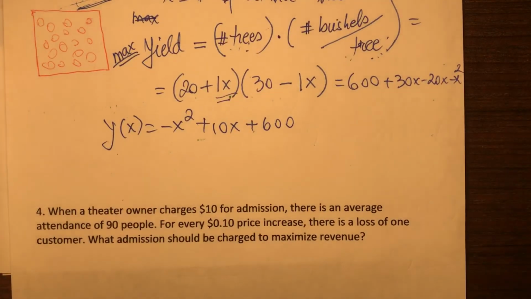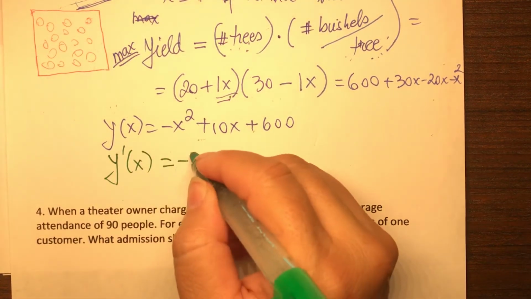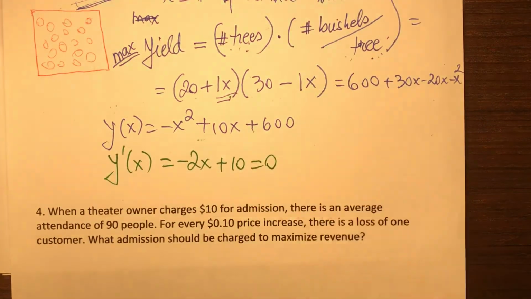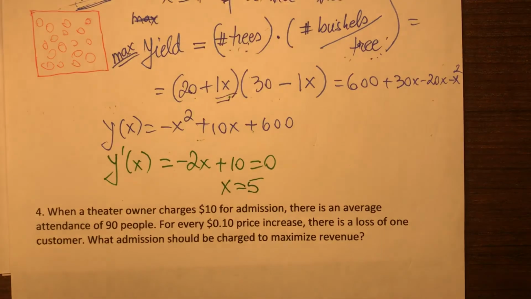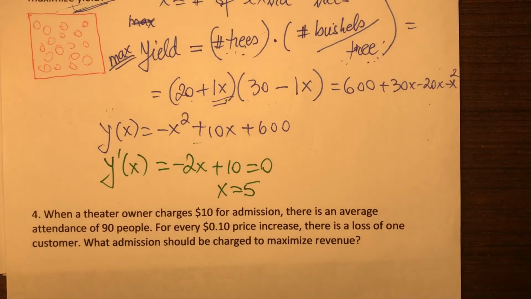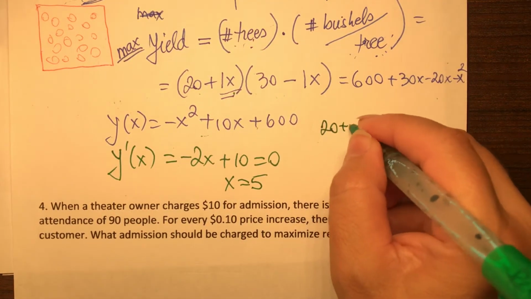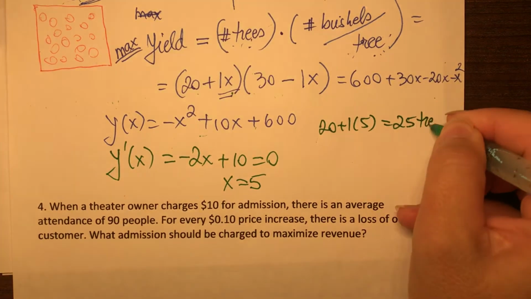You want to minimize or maximize something, take the derivative. Set it equal to 0 and solve. So this one's going to be a 5. Okay, so you can only push 5 extra trees. Yeah, so how many trees should be planted? Well, 20 plus 1x, it's going to be 25 trees.